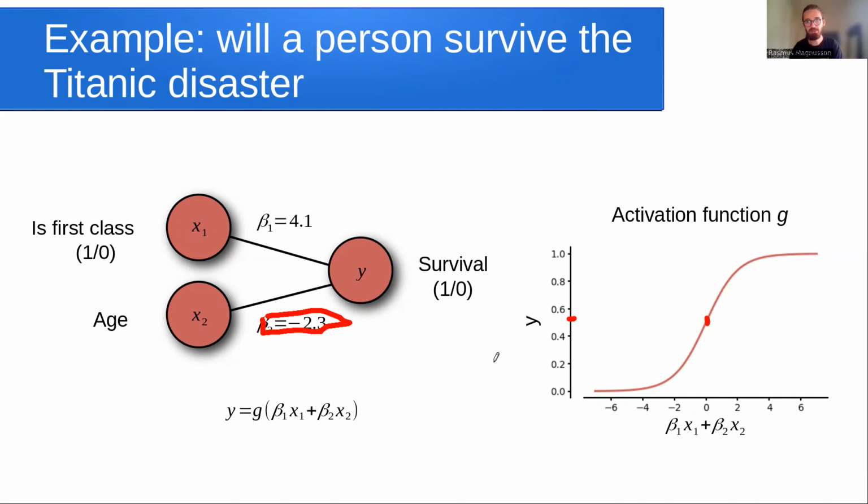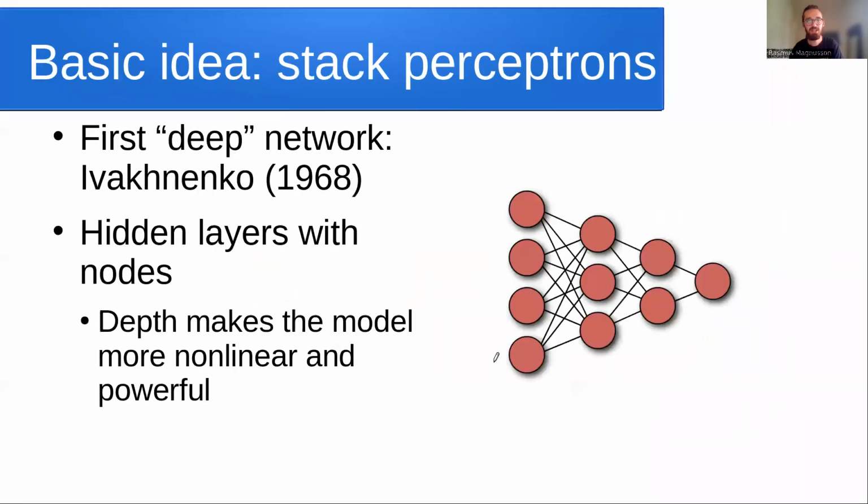Okay, so that is the most simple part of a neural network that you could think about. That was back in the 50s, and a little bit later on, in the late 60s, people started experimenting with stacking these perceptrons into bigger, more complex models. And what they saw was that for each activation function, for each node in this stacked set of perceptrons, you introduce one nonlinearity.